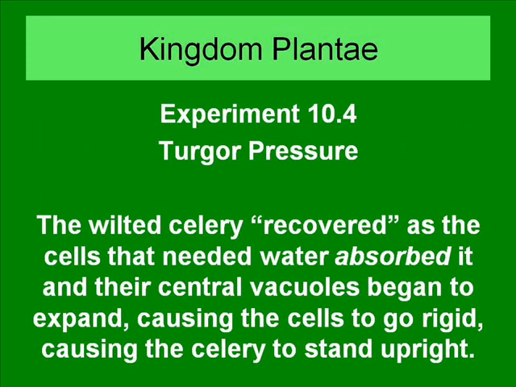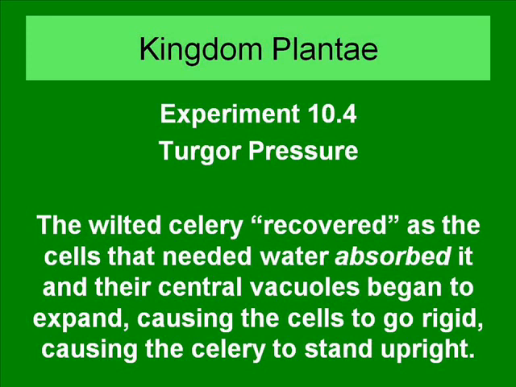So when you did experiment 10.4 last week, you should have found that initially you let the celery wilt. You may have in the past thought that the celery was dead, which I guess it kind of is because we've cut it off of its source of food. But what you really saw was that the celery was wilted because for a day or so you didn't give it any water, and so all the water in the central vacuoles was used up by the plant, and that decreased the turgor pressure because those central vacuoles were deflating.